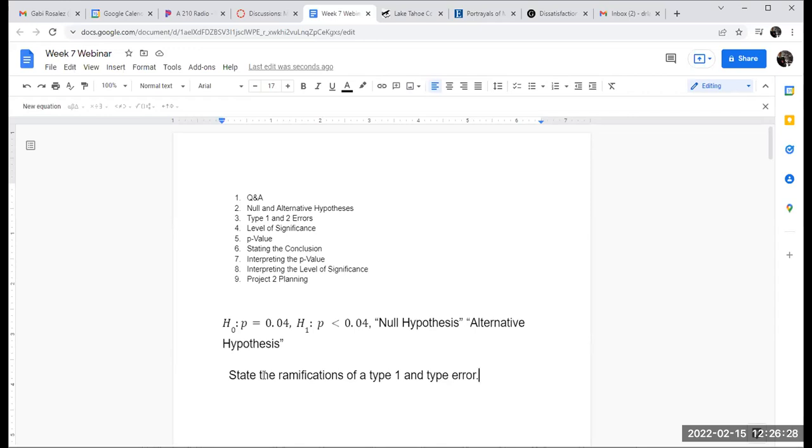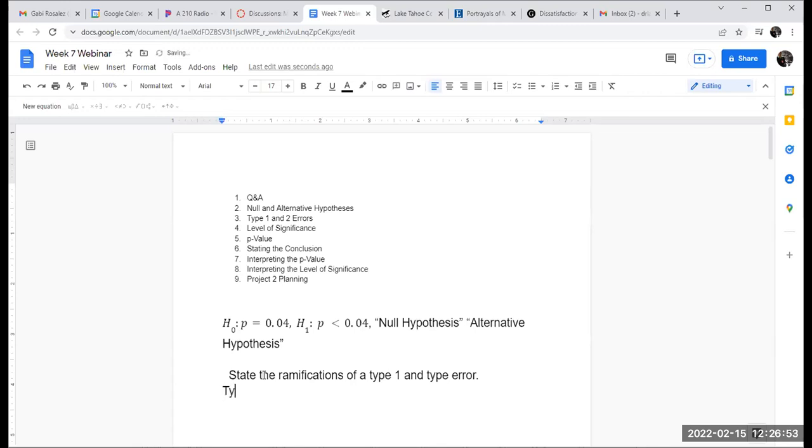Yeah, implications. I like to think of it, because we're talking about errors, bad stuff that happens because of it. Okay? What bad things are going to happen because of that error? And really, that's what we're looking at. Okay? So let me define the type 1 error. That I didn't expect you guys to know. Ramification is a word that is an English word. Nothing to do with statistics.